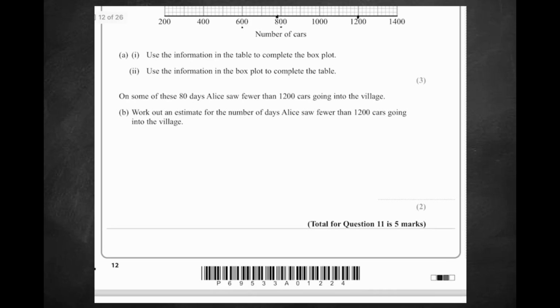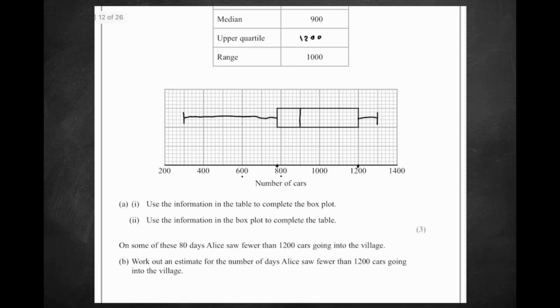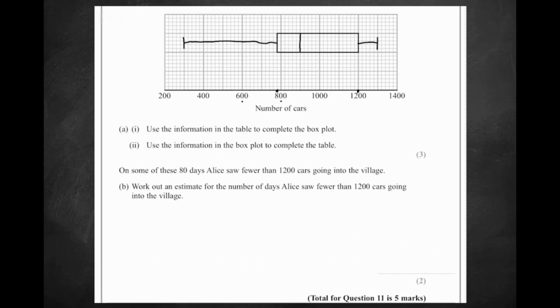On some of these 80 days, Alice saw fewer than 1,200 cars going into the village. Work out an estimate for the number of days Alice saw fewer than 1,200 cars going into the village. So, we know from our box plot that the upper quartile is 1,200, which means the 75% point is 1,200.